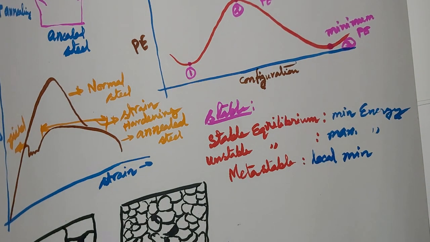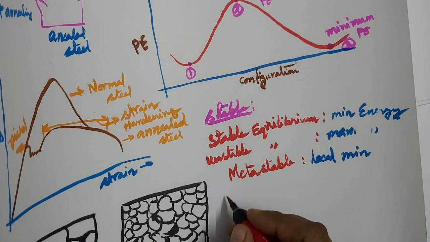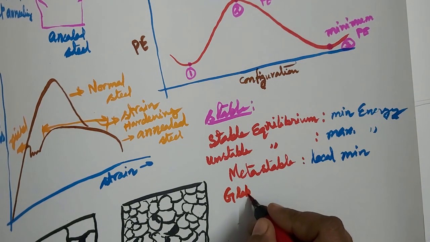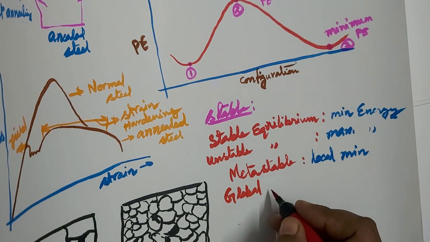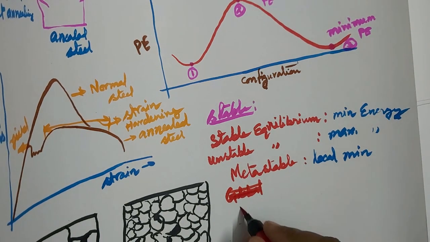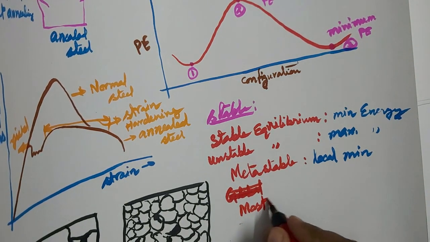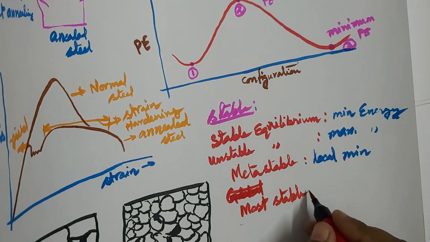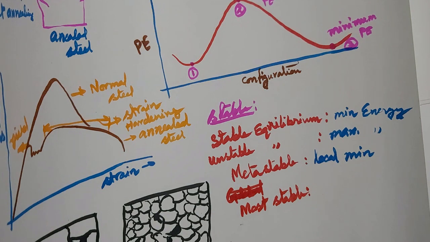Then, most stable. Most stable is global minimum.